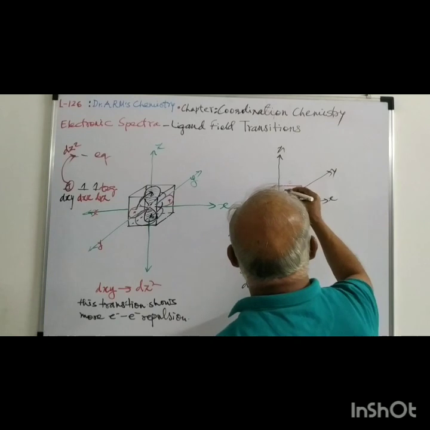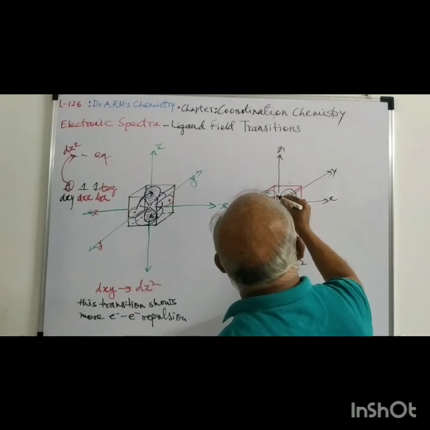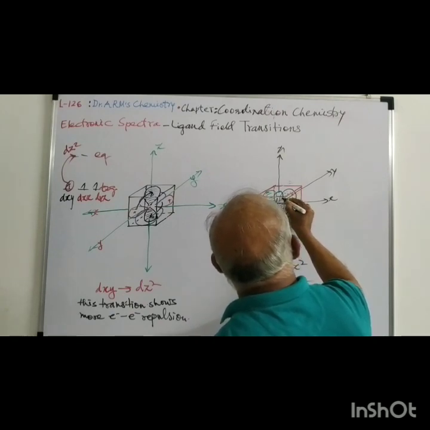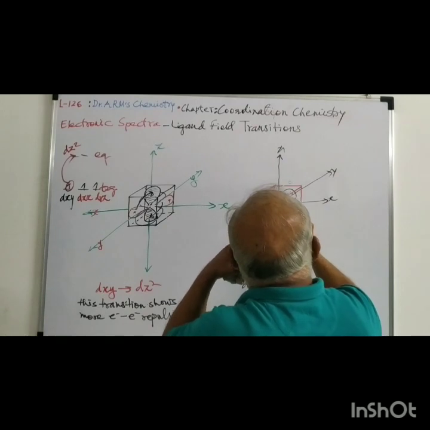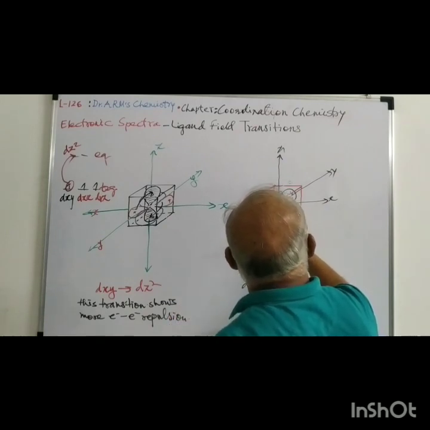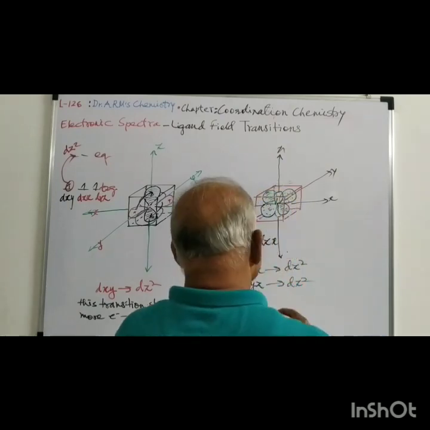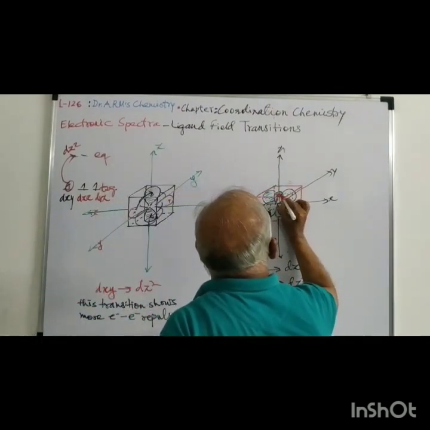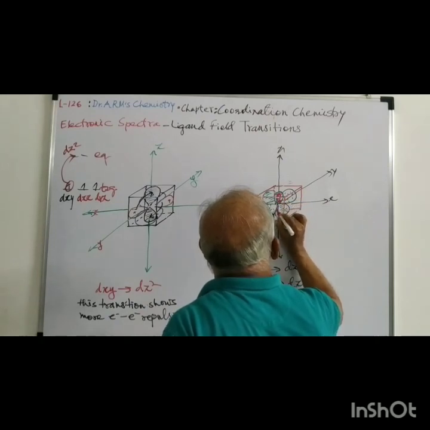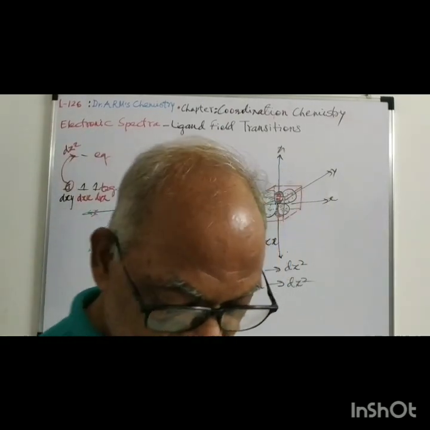And there is the dz2 orbital, which has another lobe in a ring form.